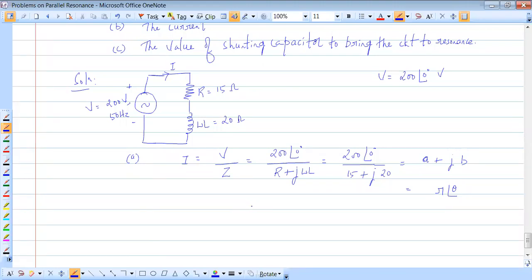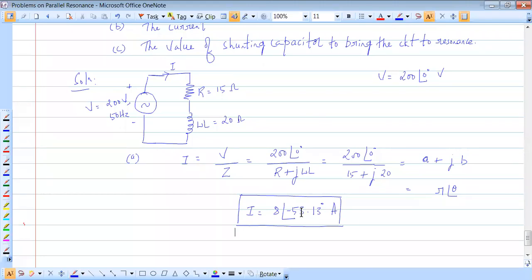Fine. So just now, I would happen to be 8 at an angle minus 53.13 degree amperes. This is your I. What is V given? V is given here. What is the phase difference between them? This is 0 degree. This is minus 53.13 degree.